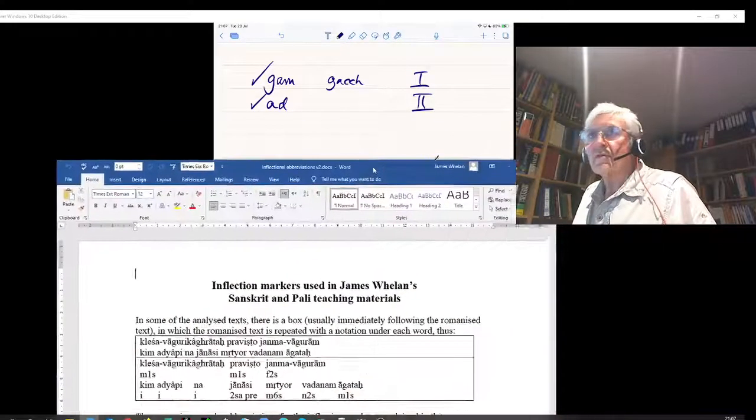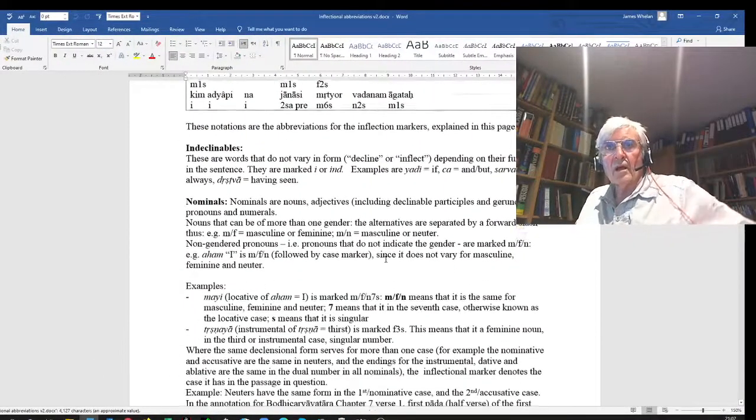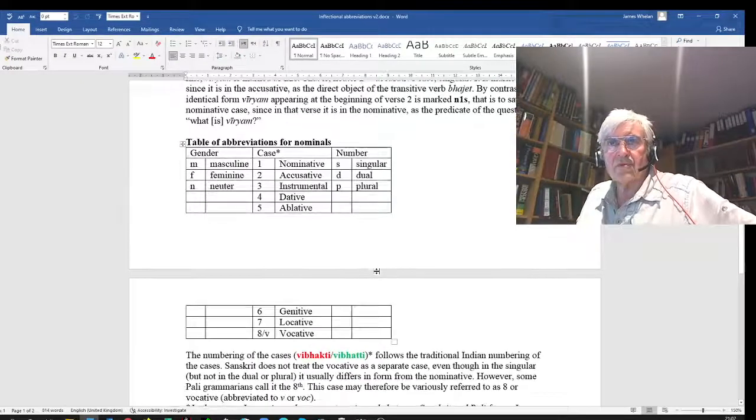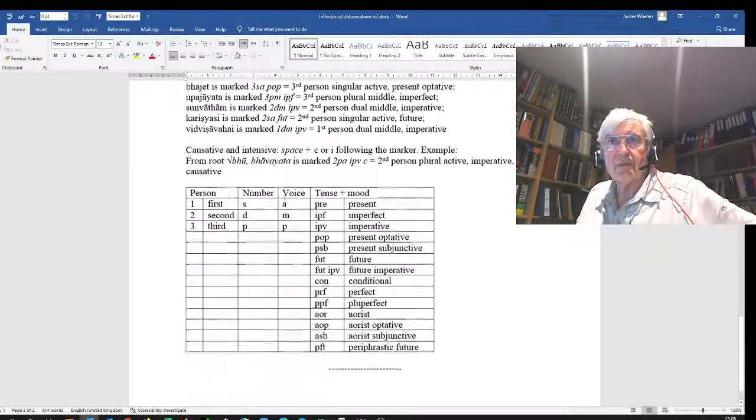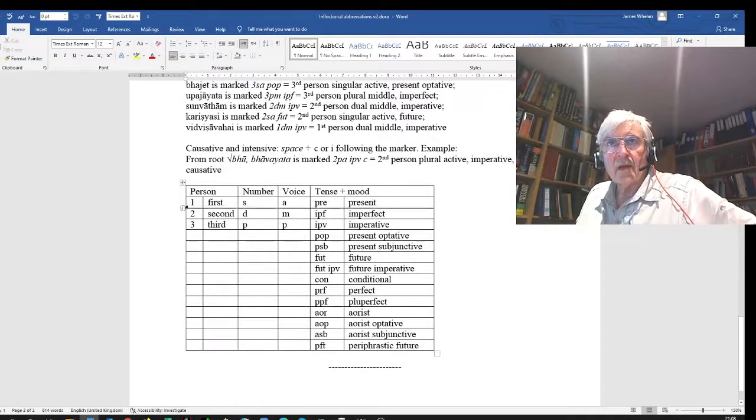Hopefully this is coming over to you now, where we use even shorter ones, use the table of abbreviations, MFM, and for whoever put the verbs, here we are. The person, we use 1, 2, 3, number SDP, singular, dual, plural, voice AMP, active, middle, passive, then the tense and the mood.